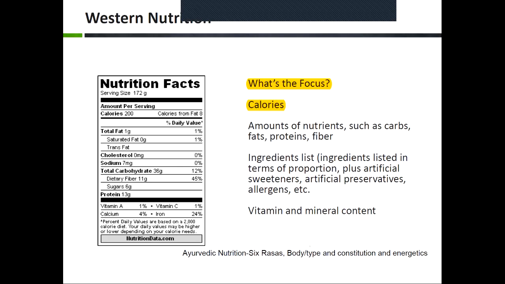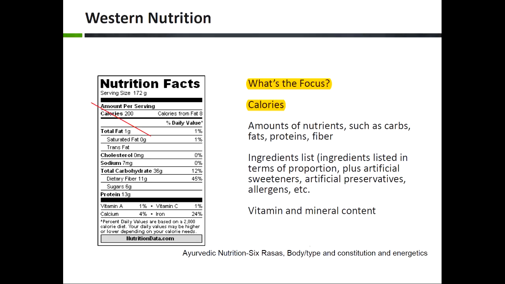Ayurveda is not like that. Let me just write that down here. We don't care about calories. We don't care about this, pretty much. Then what do we care about?